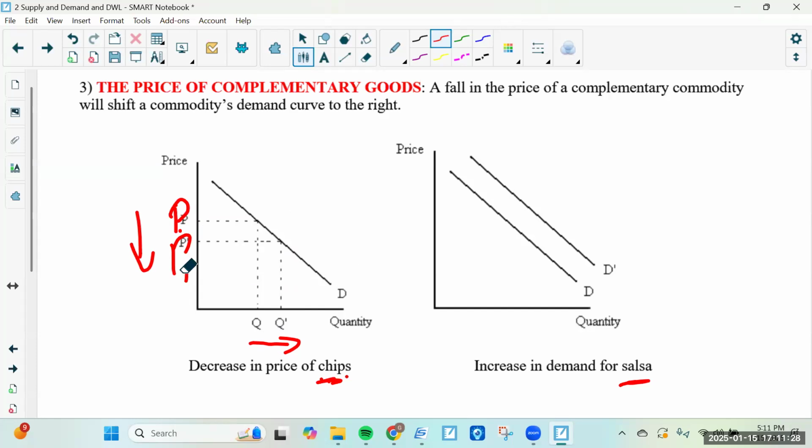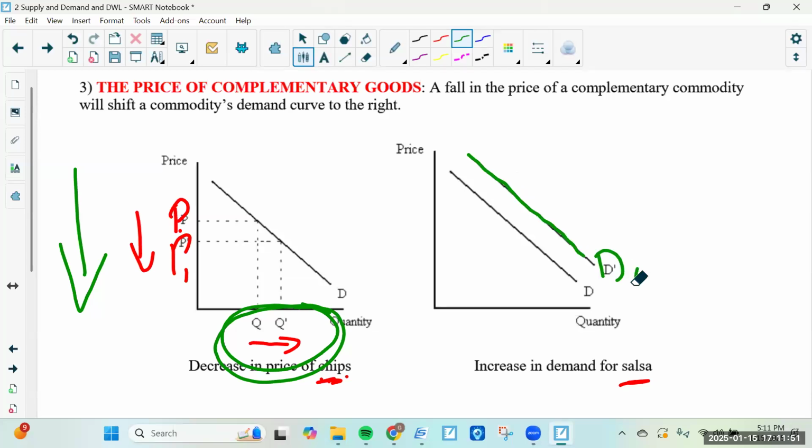But now you've got all these chips in your basket. And what goes with chips? Salsa. So what are you thinking? The decrease in the price of chips caused me to buy a greater quantity of chips. Now I've got all these chips in my shopping basket. I go, ooh, I need salsa. So what happens is the demand for salsa shifts to the right.